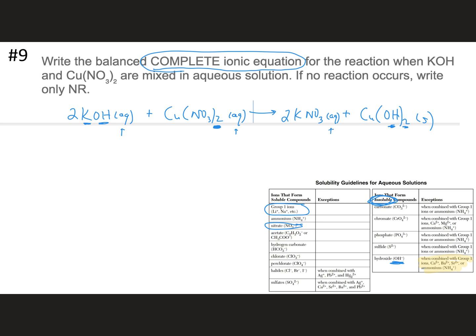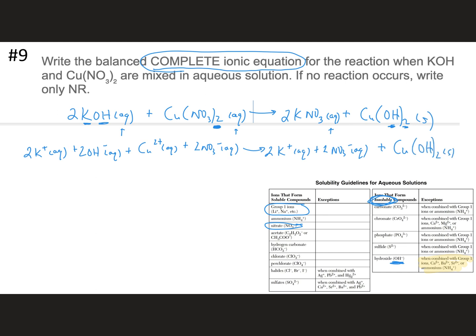So the complete ionic equation would be 2 potassiums aqueous, 2 hydroxides aqueous, plus copper 2 plus aqueous, 2 nitrates aqueous, yield 2 potassiums aqueous, 2 nitrates aqueous, and thankfully we only ionize aqueous compounds, so copper 2 hydroxide solid we do not need to write as an ion. But that would be the complete ionic equation for this reaction.